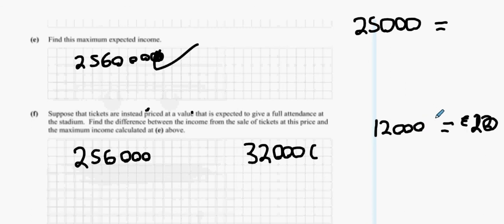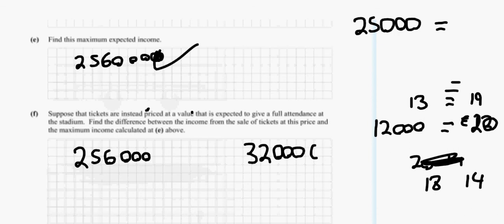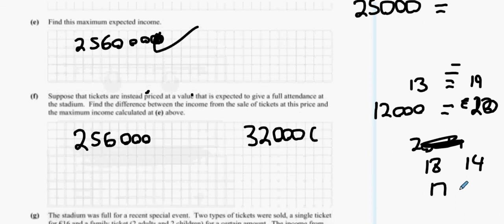Let's work our way up here. 19 gets 13, 18 gets 14, and keep working your way up until you find out what 25,000 is. Sorry, I'm working downwards, my fault. €18, 14. What next? 17, 15. 16, 16.